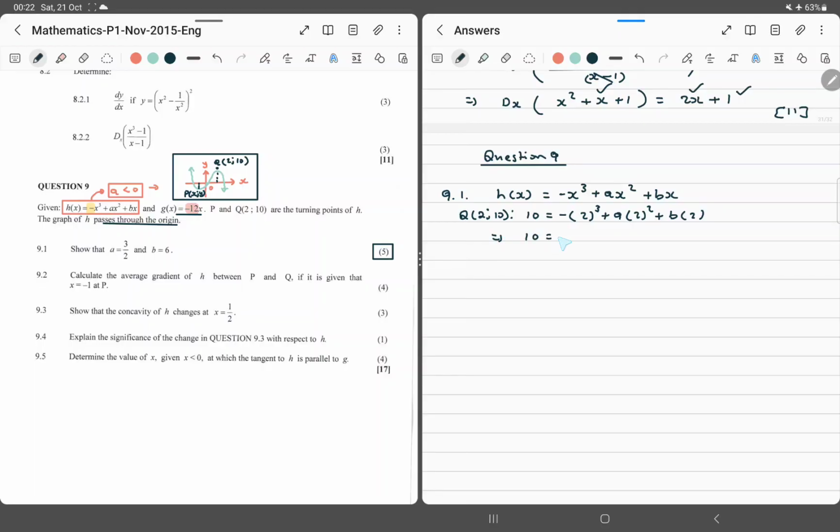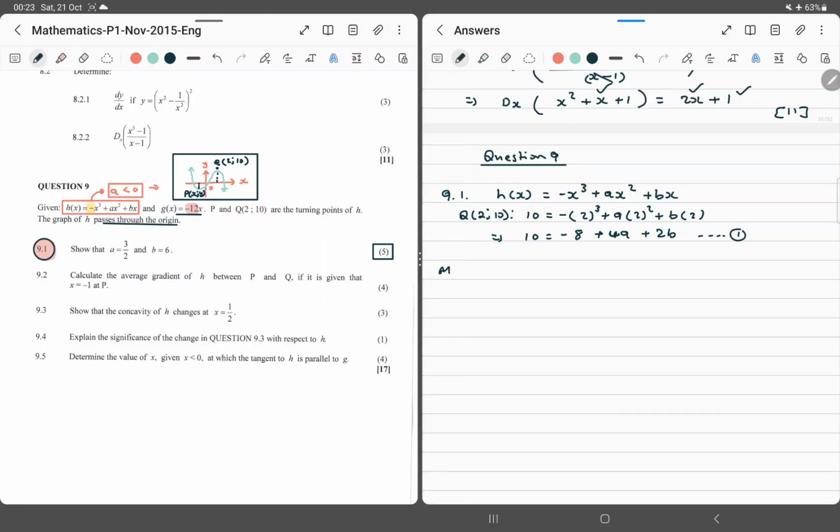This implies 10 equals minus 8 plus 4a plus 2b. We can make this equation 1. This is a higher grade question because it's indirect. You need simultaneous equations to go around it.